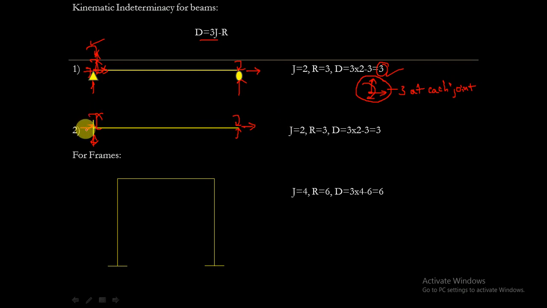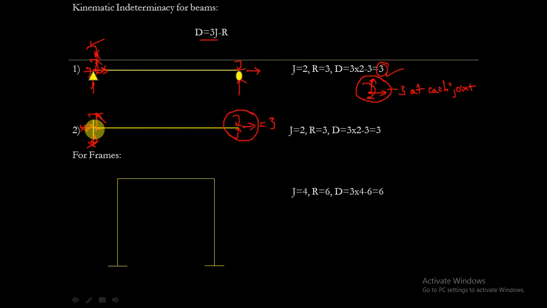Here, as it is the fixed support, it can't move horizontally, it can't move vertically, and it can't rotate either. So in this end, it can easily displace horizontally, vertically, as well as rotate. So degrees of freedom here will be 3.